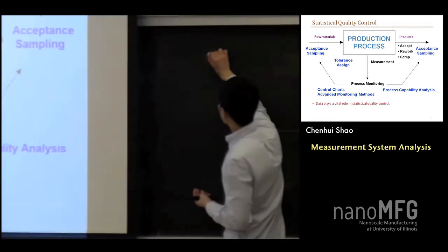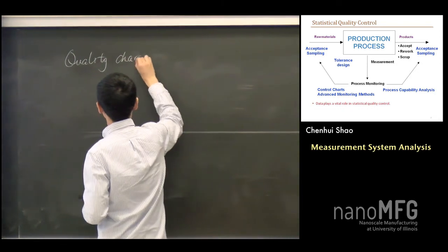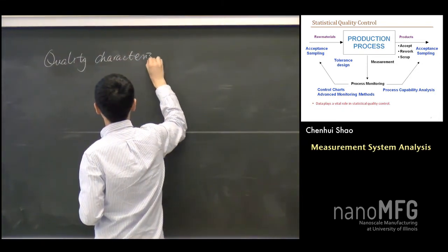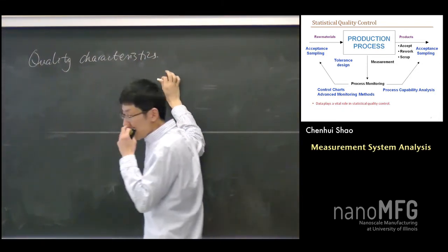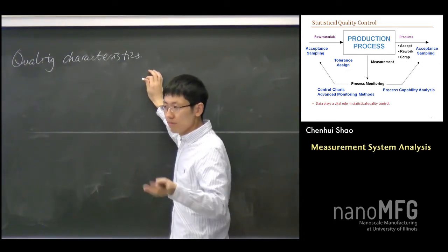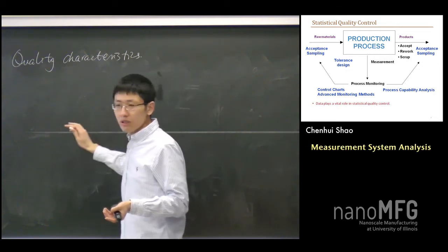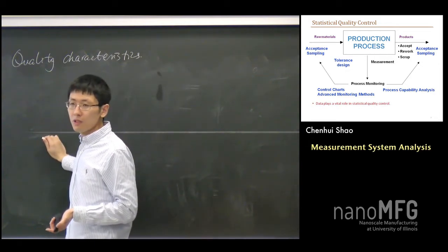Let's say we have quality characteristics. There are two types. One is continuous variable, the other one is discrete variable. For the continuous variable, what kind of variable can you use to monitor?